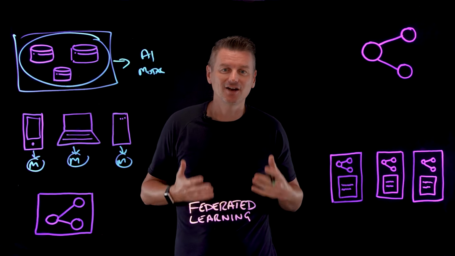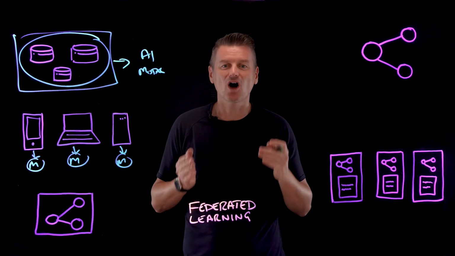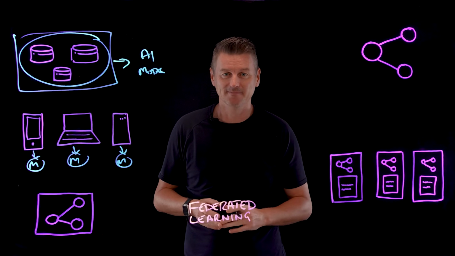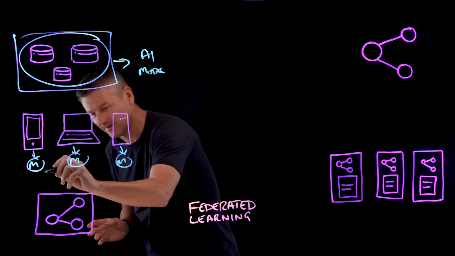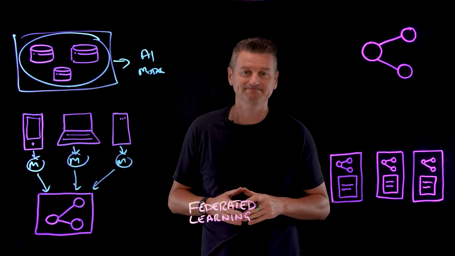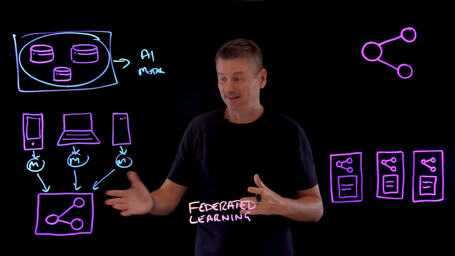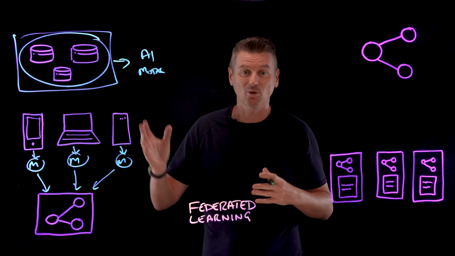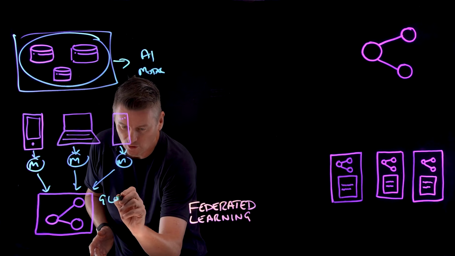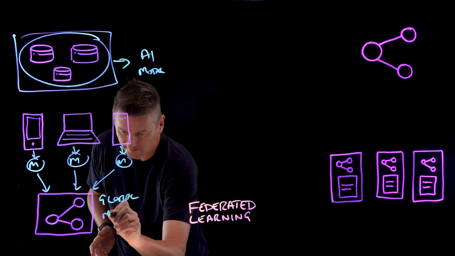Now, after the model has learned from the local data, it sends only the model updates back to the central server, not the actual raw data. So this all goes here to the central server. And then that server aggregates all of these updates from all the devices to create what is called the global model.